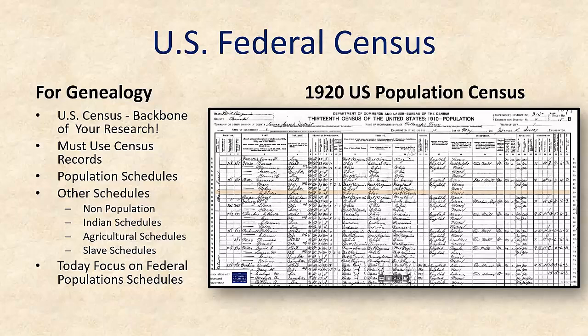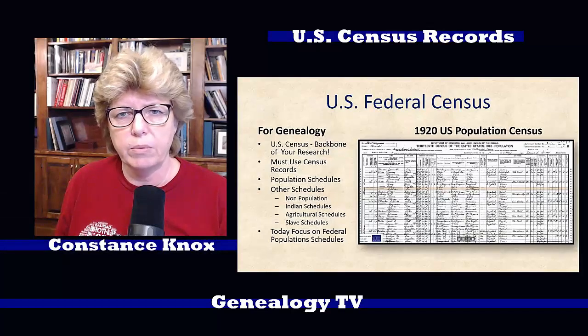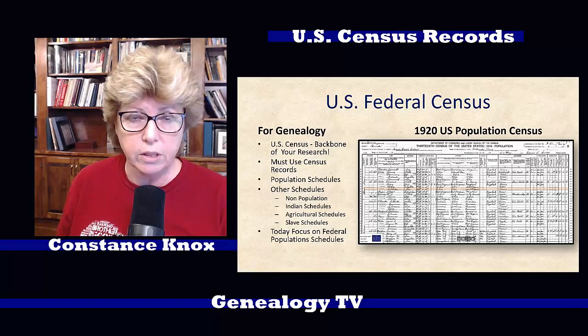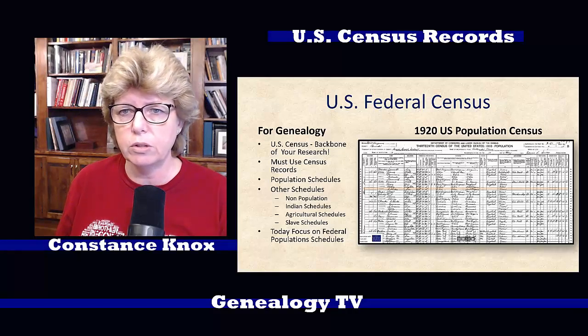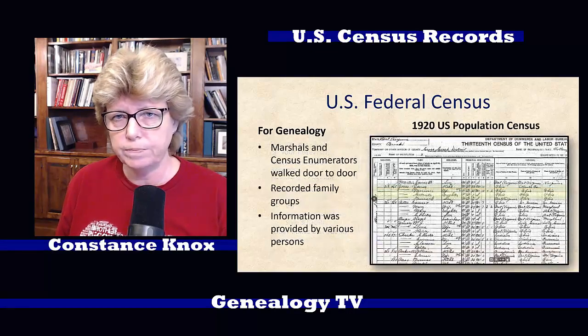Population schedules are going to be the most beneficial for you. There are several other records available as well, the non-population schedules: the Indian schedules, the agricultural schedules, and some slave schedules. But for today, we're going to focus mostly on the population schedules.